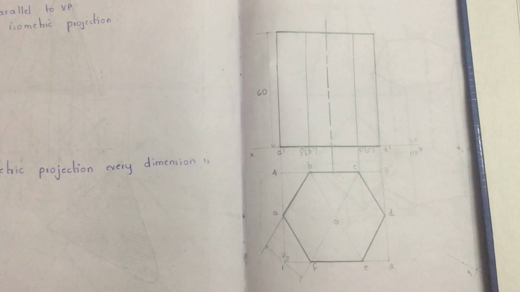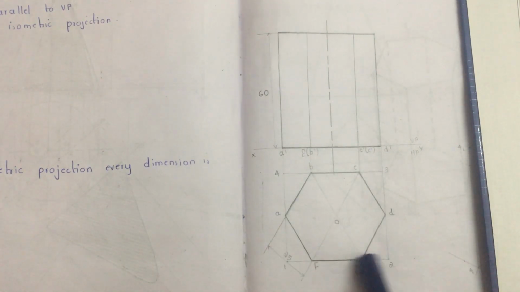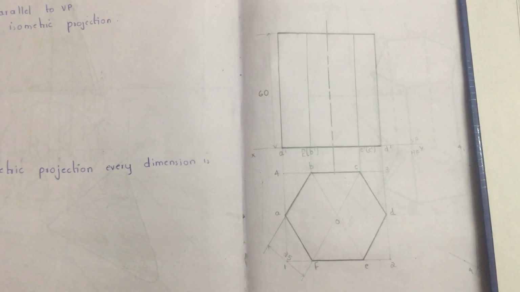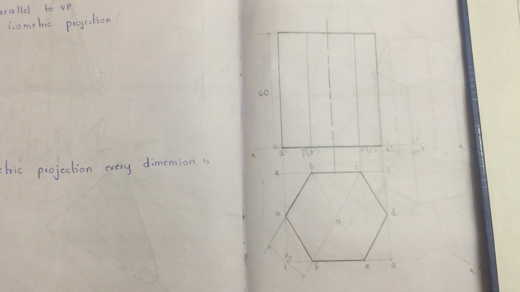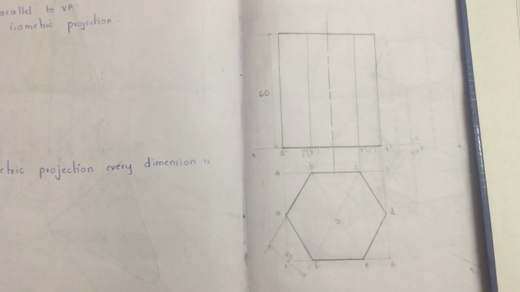The very first step in the isometric view is to ensure that the solid that you see in the top view is placed in a rectangle. What is a rectangle? A rectangle is a figure having x axis and y axis at 90 degrees to each other.